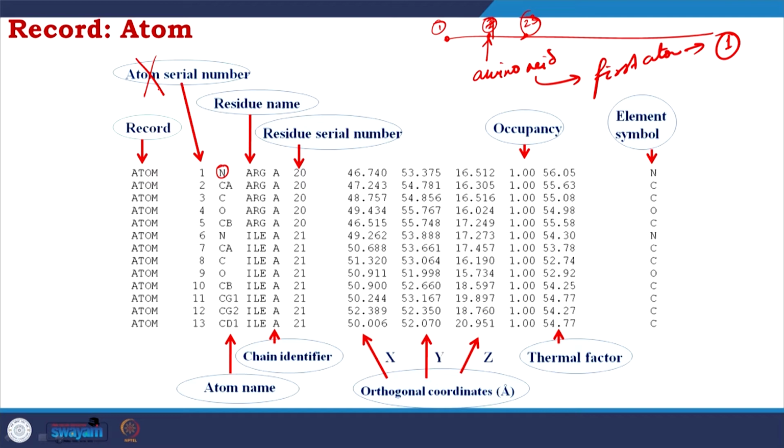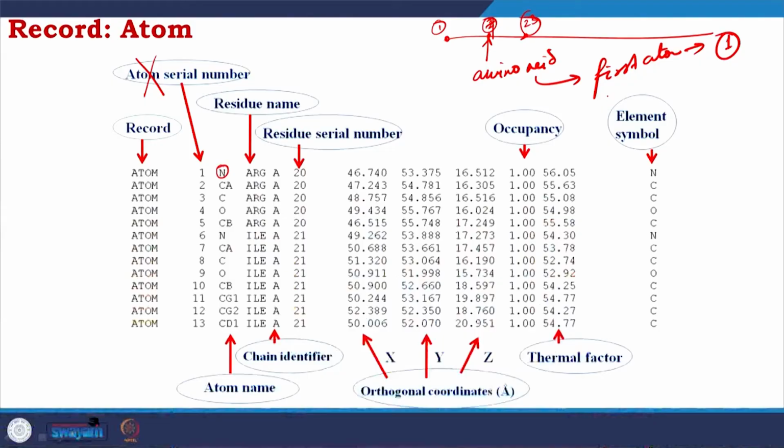Okay. These are the coordinates, this is the chain identifier, this is the atom name, this is occupancy and this is thermal factor. So, first talk about these coordinates. This is where your atomic structure is. We will talk about this in detail, but occupancy and thermal factors are also very important information providers.